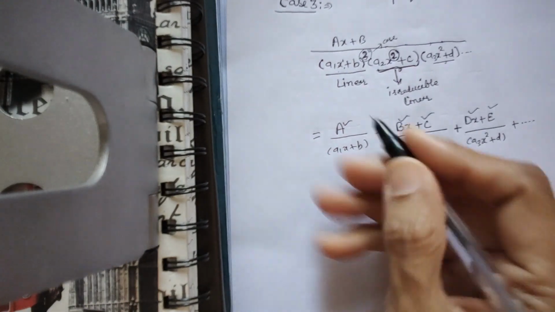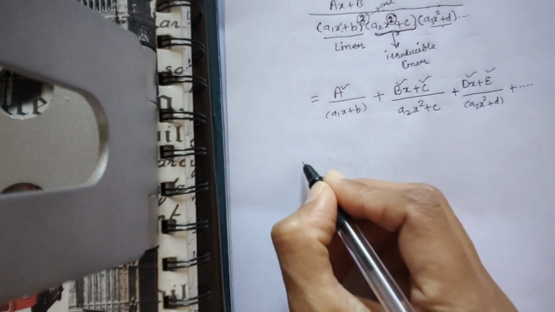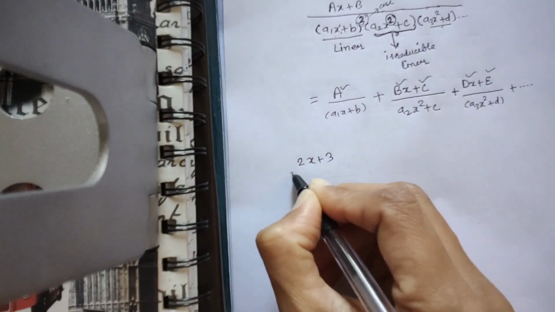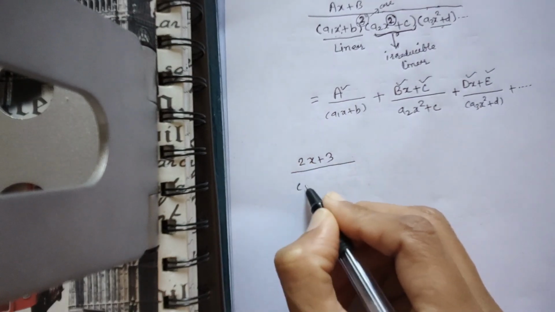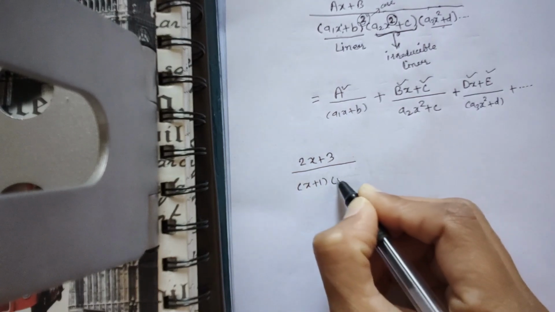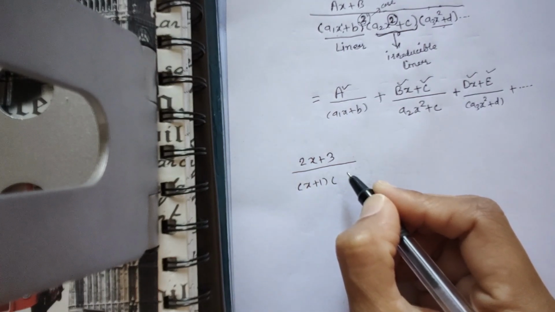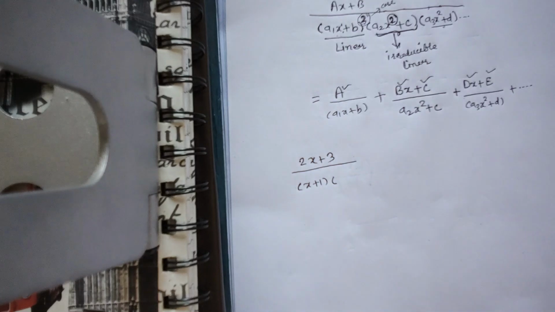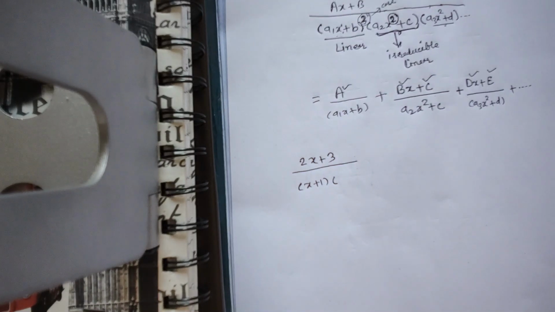This is what I am calling case 3, the third case. Suppose I have a fraction like 2x upon x plus 1 into... just let me choose a good example for you.